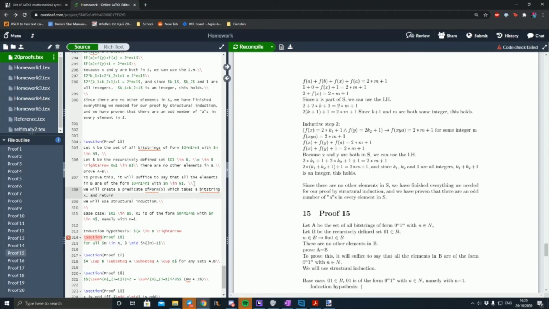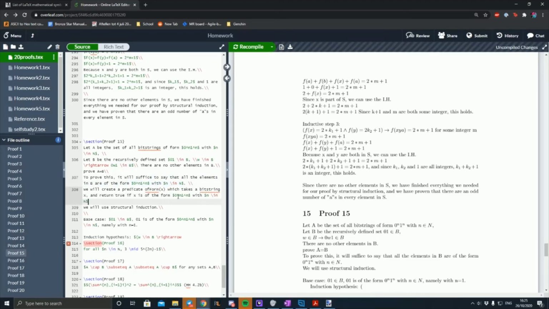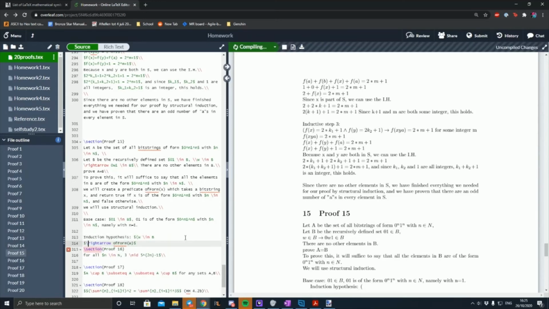And returns true if x is of the form and false otherwise. We will use structural induction.